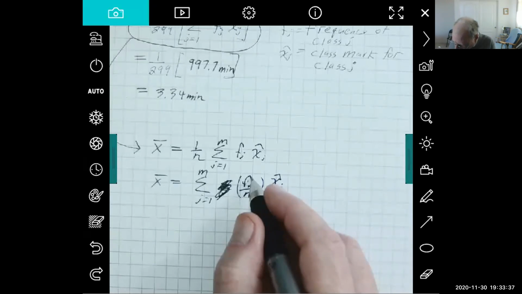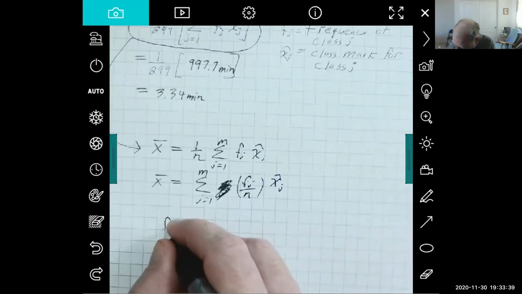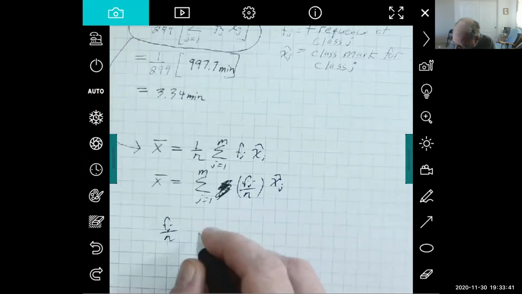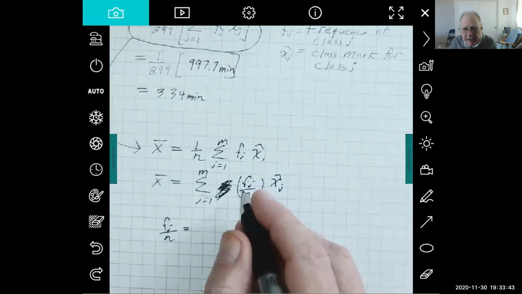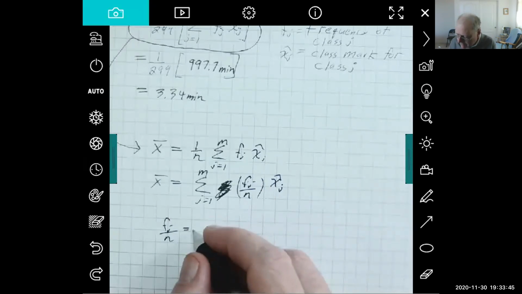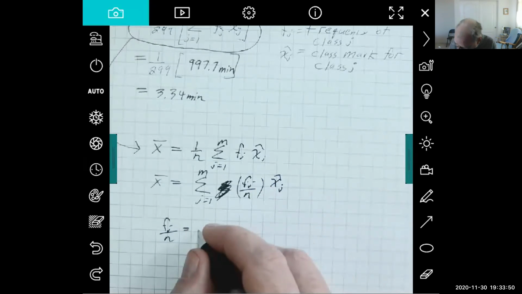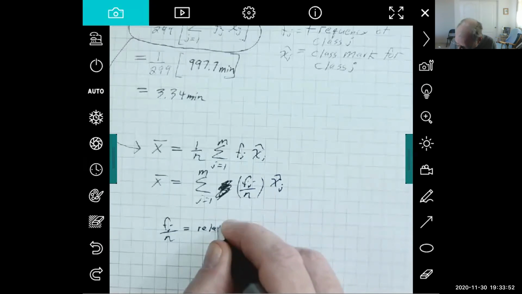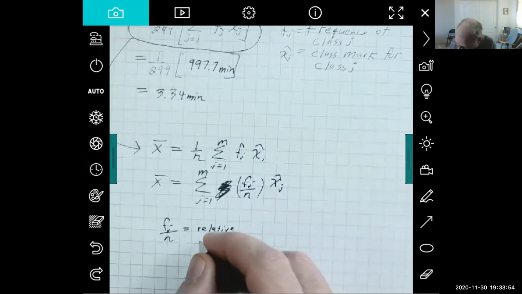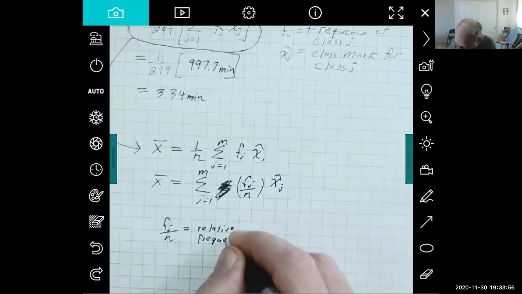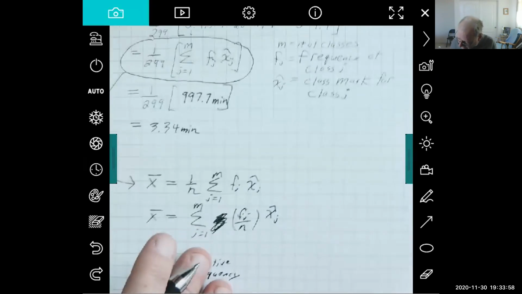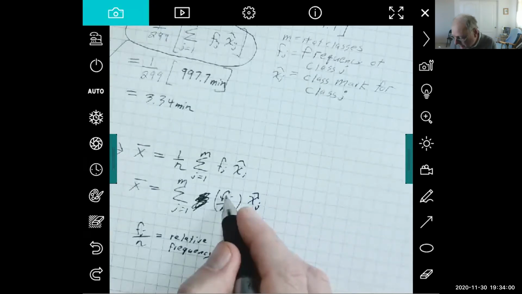So each one of these, I'm taking the frequency of each class, dividing by the total sample size. It's the relative frequency. That's saying 5 times out of 299.